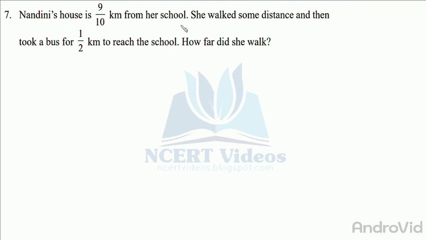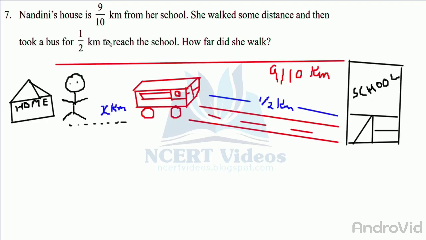Seventh, Nandini's house is 9/10 km from her school. She walks some distance and goes half a kilometer by bus. How far did she walk? So we have to find x, that is her walking distance.